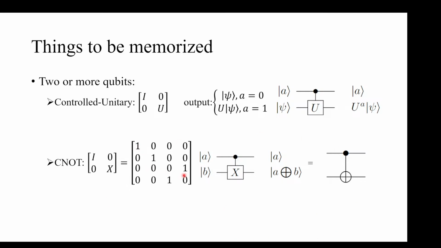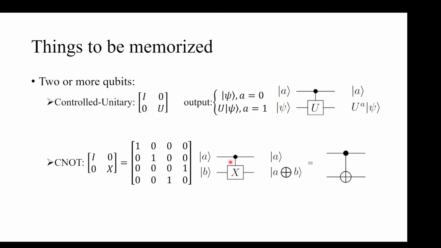Then we have some special control unitary that we use a lot. And I guess the most famous one is this CNOT gate. Okay, so this is control on the first qubit, apply the NOT gate on the second qubit. And we also know that the NOT gate is also just the X gate, because the X gate flips between 0 and 1. Okay. So we have this control NOT gate, and if we write this in general control unitary notation, it will be this control.